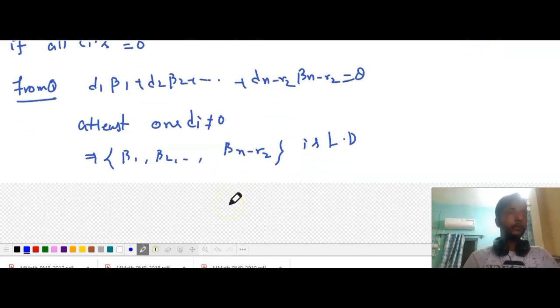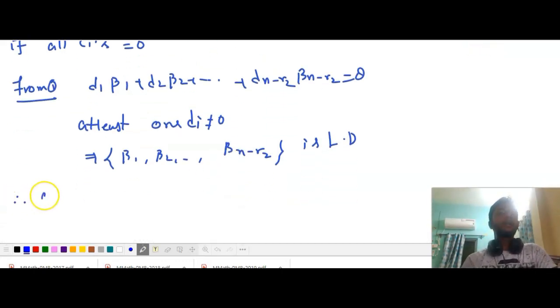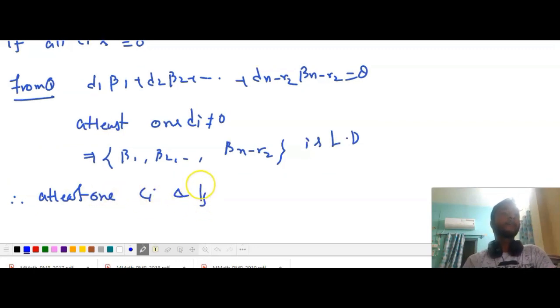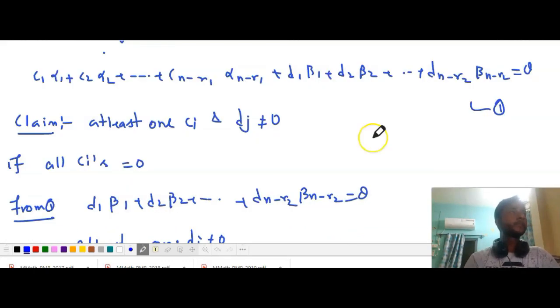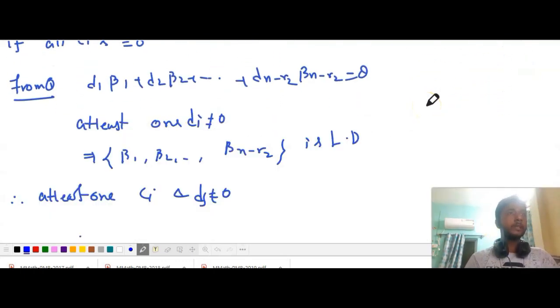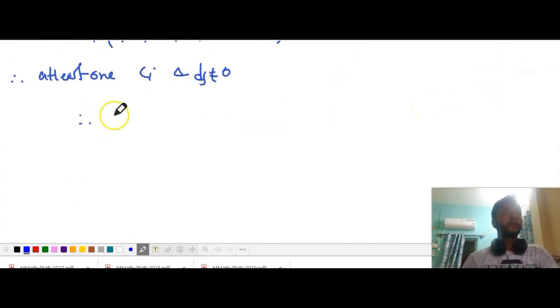So therefore at least one Ci and Dj is not equal to 0. Now so therefore from 1 we can say that at least one Ci and Dj is not equal to 0.